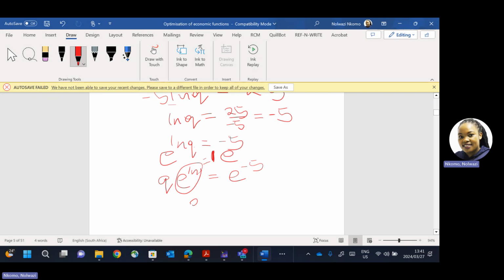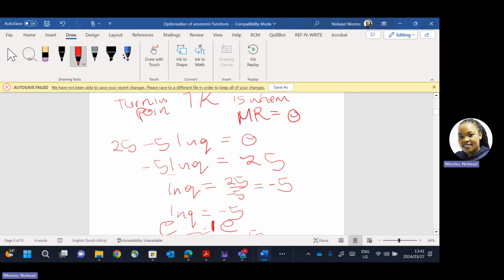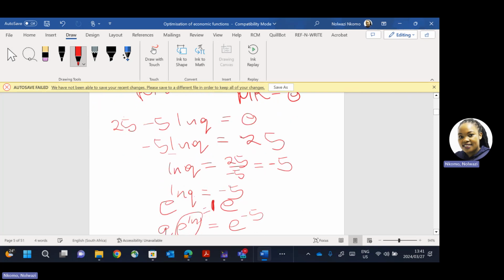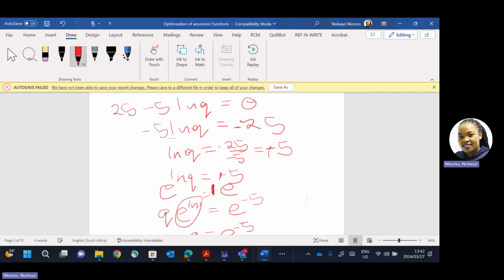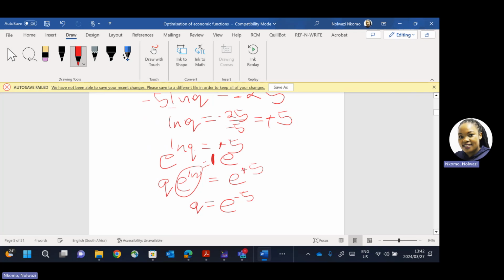So this means we have Q equals E to the minus 5, which is, just a second. I feel like, if you transpose it to this side, this will give you minus 25. So we have minus 25 over minus 5. That is plus 5. So we have plus here, plus here, and this is plus.